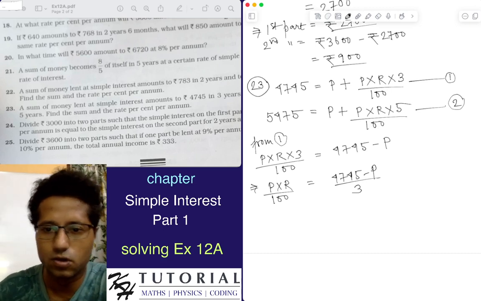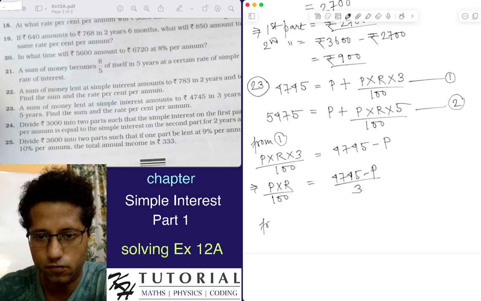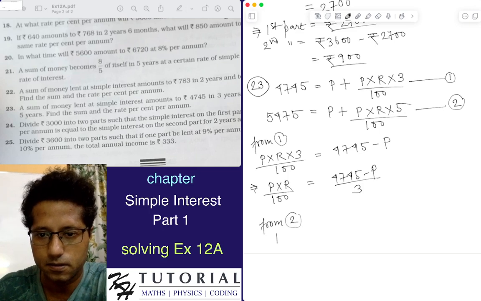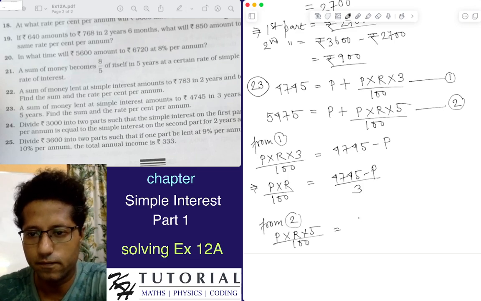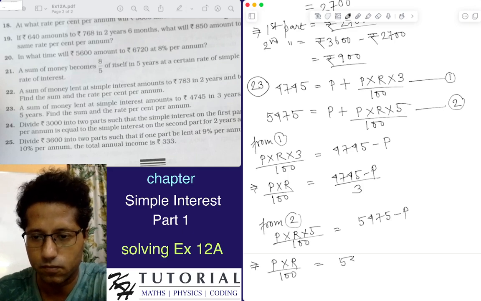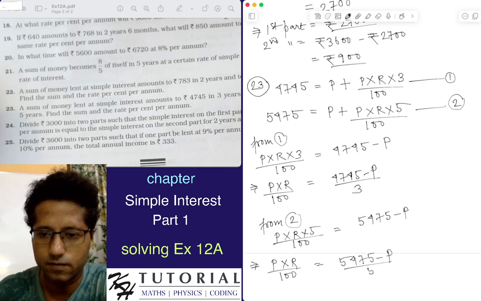So similarly from 2 also we will get P into R into 5 by 100 is equal to 5475 minus P. Now this implies P into R by 100 is equal to 5475 minus P by 5.